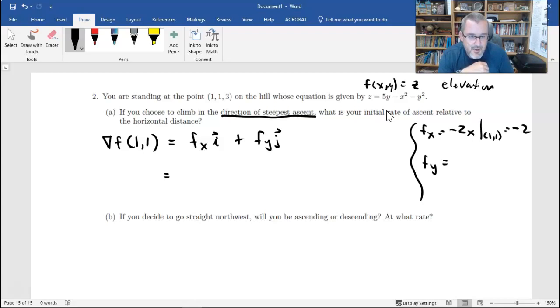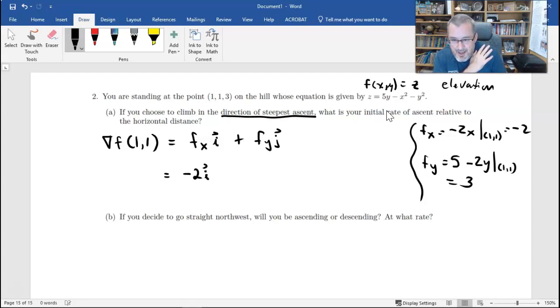So only this term is constant. So the derivative of 5y with respect to y is 5. The derivative of minus y squared is minus 2y. Evaluated at the point (1, 1). So 5 minus 2 times 1 is going to be 3. So the gradient vector is going to be negative 2i plus 3j.